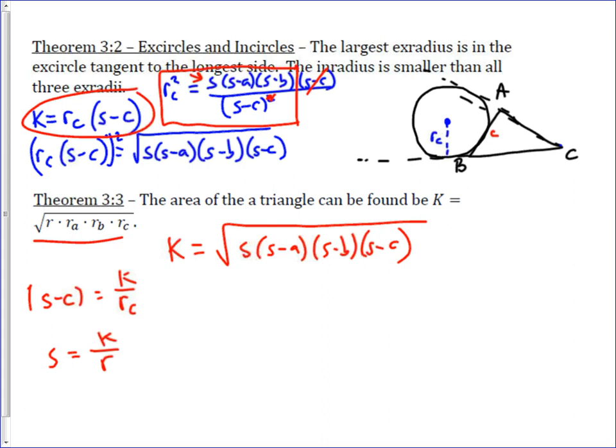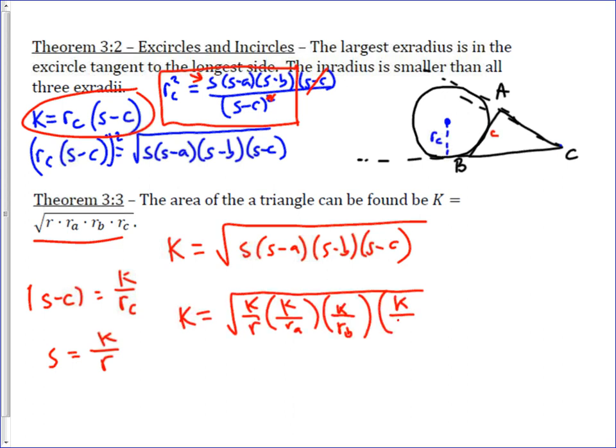So if we plug all these in, we get this nice result where we get K over R, K over RA, K over RB, and K over RC, which gives us K equals, well, the numerator is going to be K to the fourth, and the denominator is just going to be the product of all four radii, the three exradii and then the inradius.